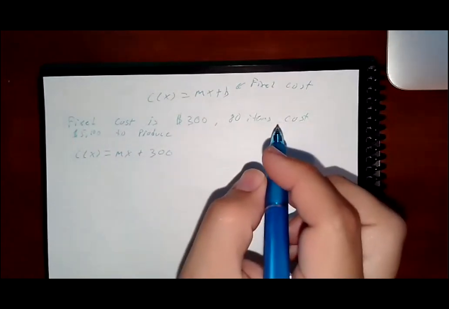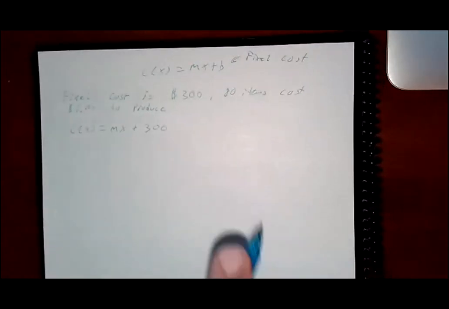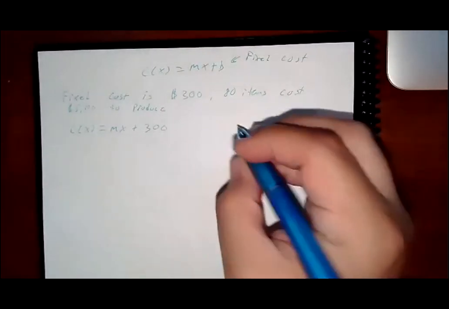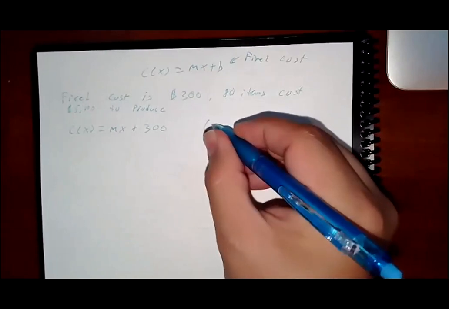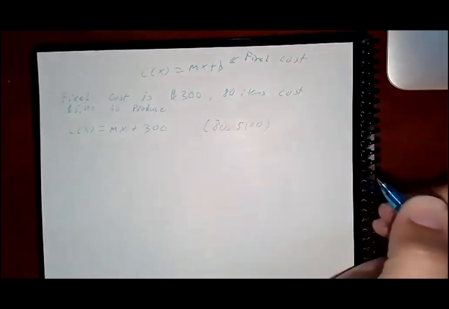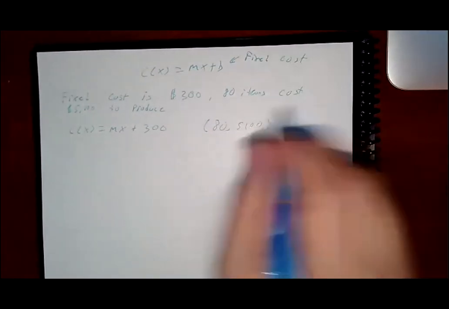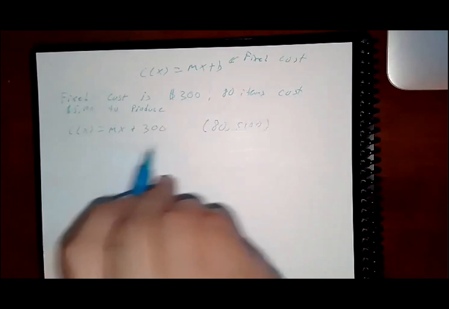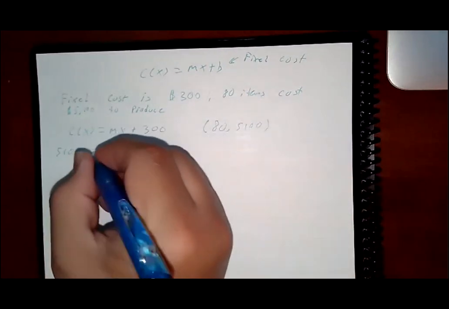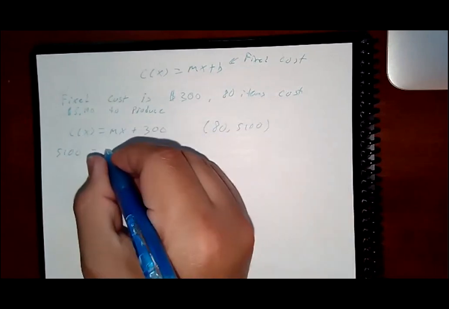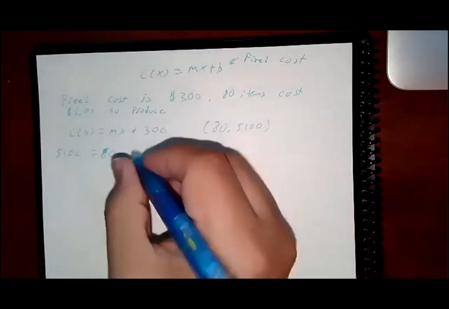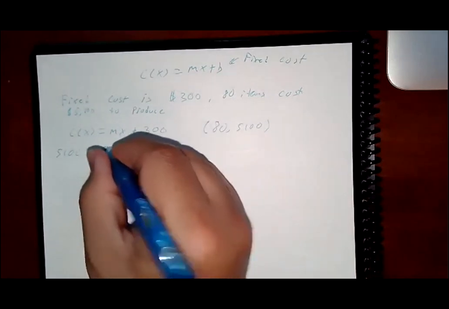They did give us a point though, right? It said 80 items cost $5,100 to produce. So we would say (80, 5,100). We'll use this information to solve for m. So plug in x and set equal to 5,100. So this is my x, C(x), and this is my... all right, 80m plus 300 equals 5,100.